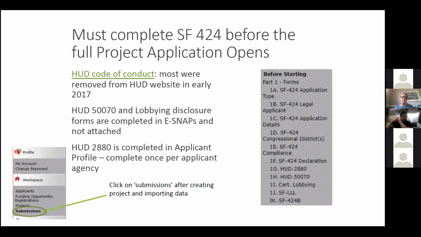The one question is 1D, which is part of the SF 424. You'll have to change the dates, and that's the other piece. You could pass that and we'll still go to section 2, but you do need to fix that for 1D.